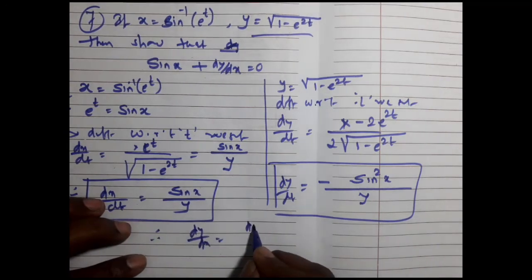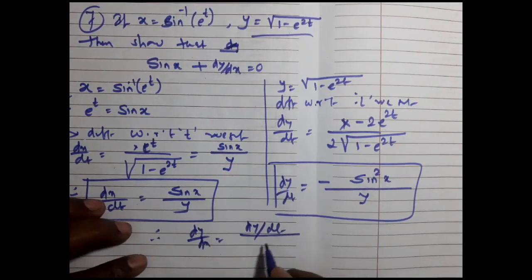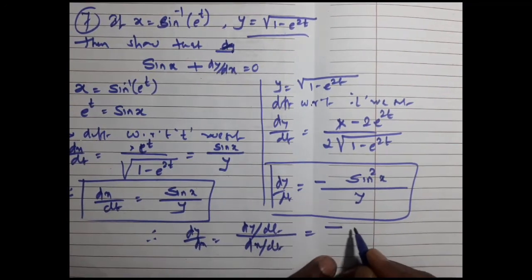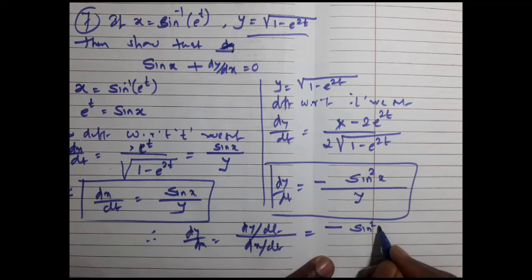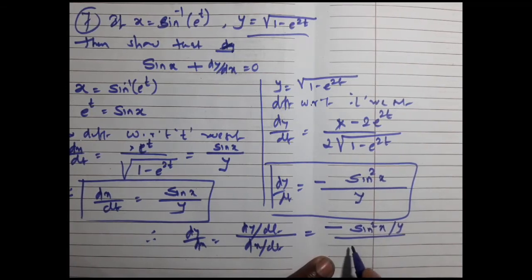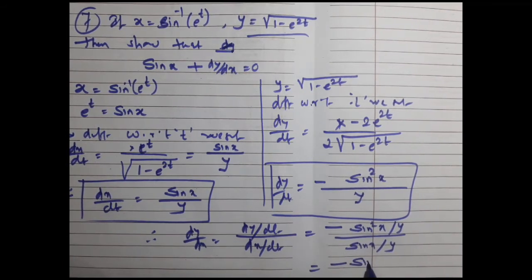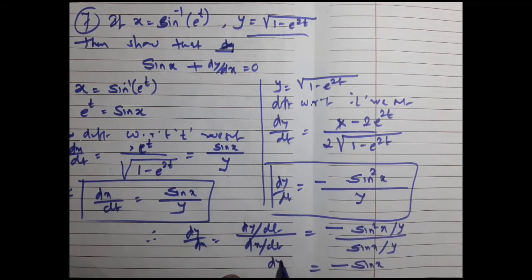And therefore dy by dx is dy by dt upon dx by dt, and this is minus sine square x upon y divided by sine x upon y. So y will be cancelled, and it will be only minus sine x, it is the value of dy by dx.